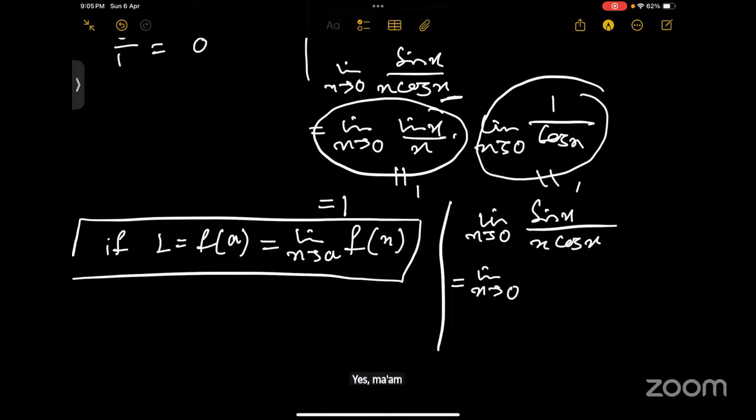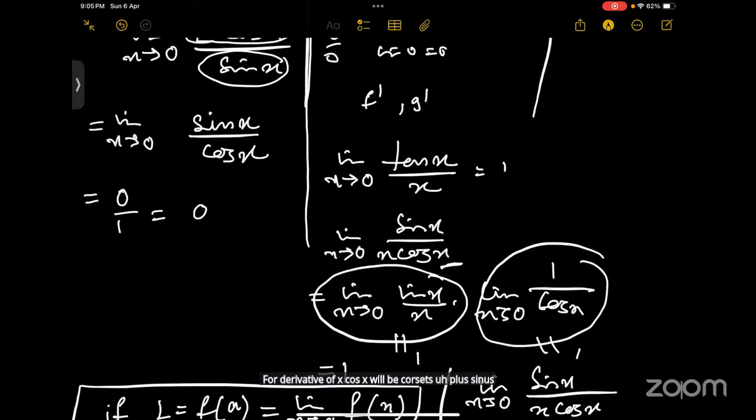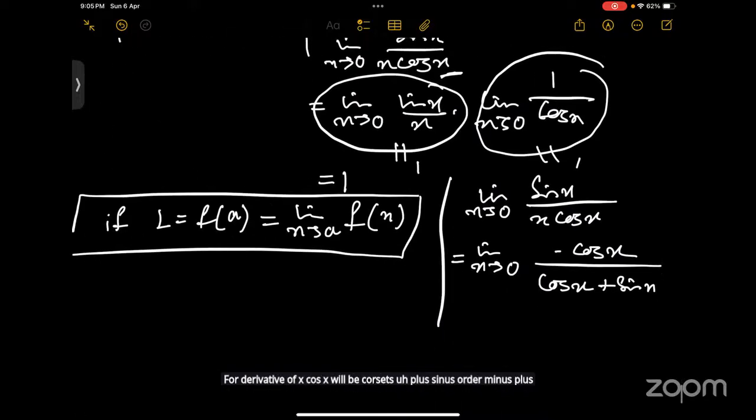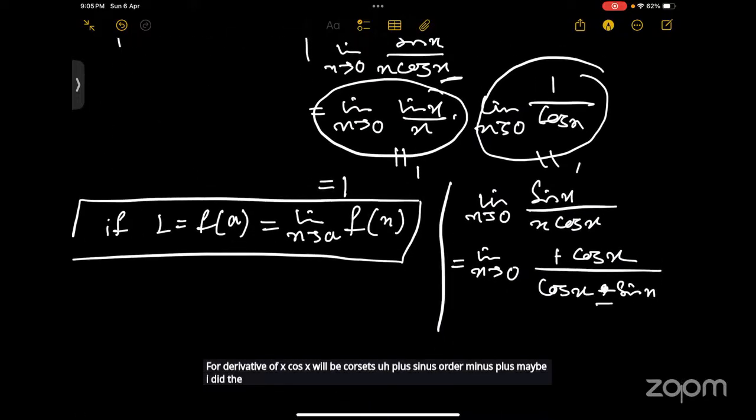So then the derivative of sin x is cos x, right? And the derivative of x cos x will be cos x minus x sin x. Maybe I did the opposite one. This one, right?